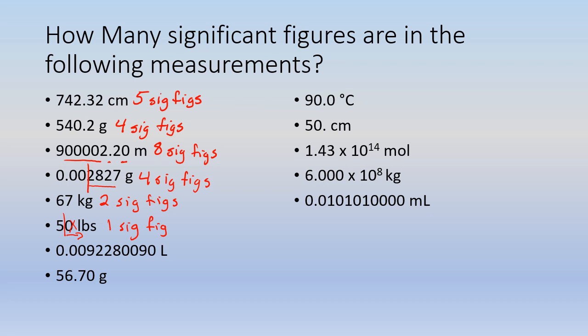This next one will test a couple of our rules that we've talked about so far. 0.0092280090. Ooh, there's a lot of zeros to worry about in this one. So we know that all of these non-zero guys here and here are significant, and we don't know about these zeros, we don't know about that 0 there at the end.